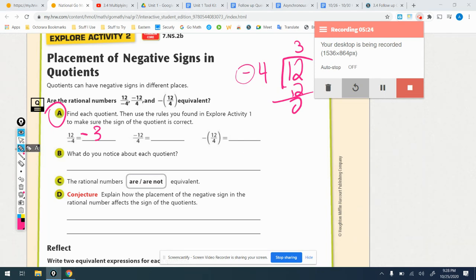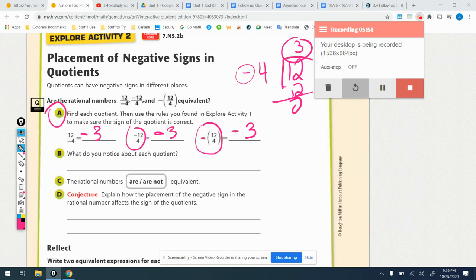So if we look at this problem, this time I have negative 12 divided by positive 4. Well, I know my answer is still 3, and I still have one negative and one positive, so my answer is still negative 3. This problem here, 12 divided by 4 with the negative sign on the outside, that means the opposite of 12 divided by 4. So 12 divided by 4 gives me 3, and because there's a negative sign out here, it wants the opposite of 3, which is negative 3.